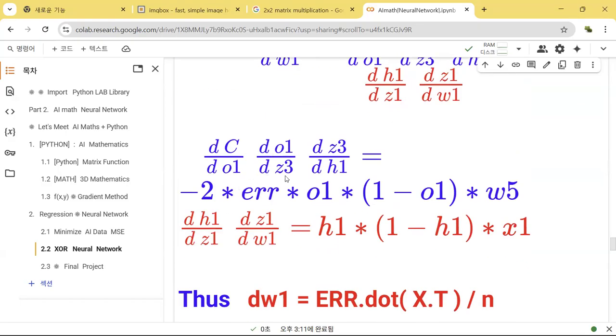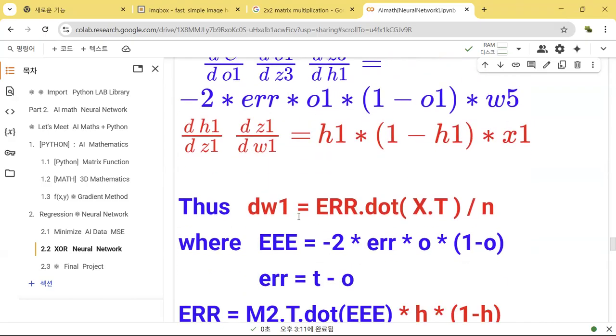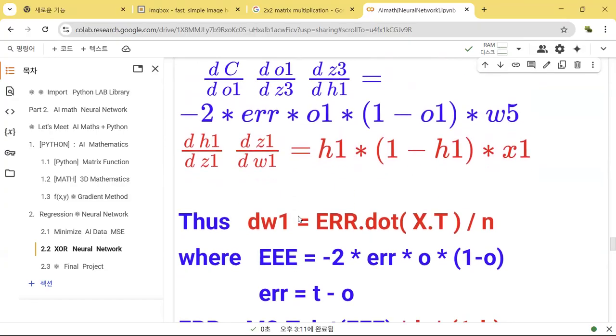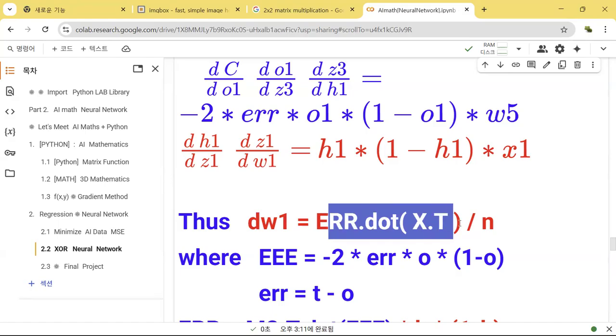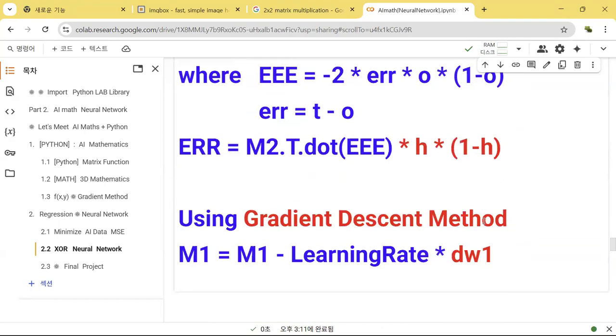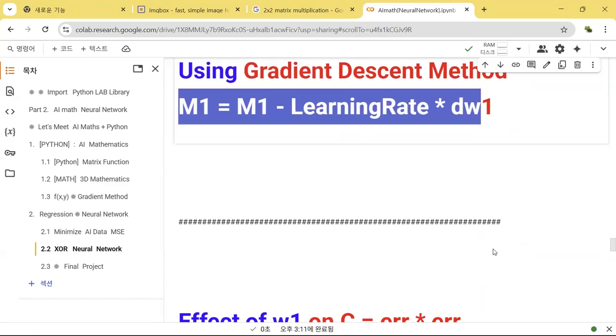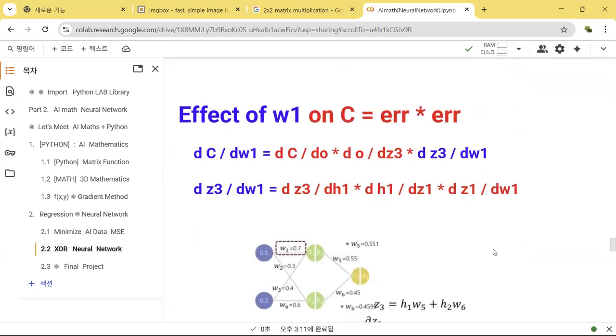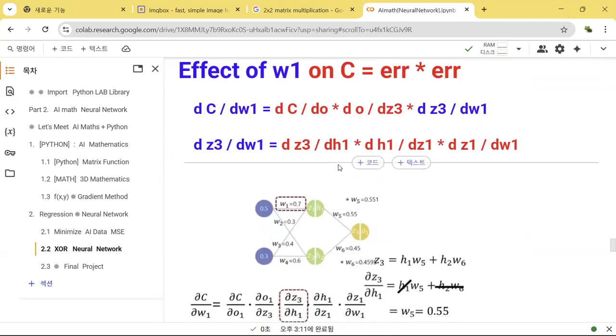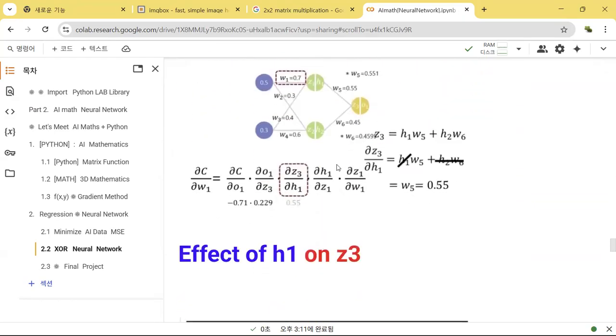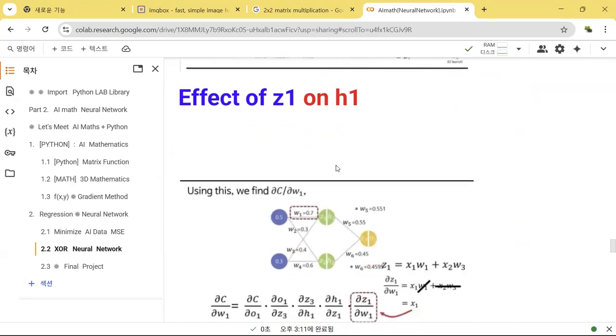Then from each, you can calculate this kind of computation, and then this dW1 is ERR dot X transpose, and using this kind of thing, you can get the first matrix M1. So in this way, you can solve the first part of the problem 5. Now, some more detailed explanation follows.